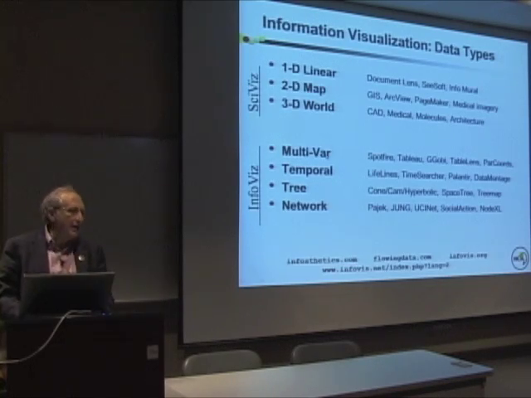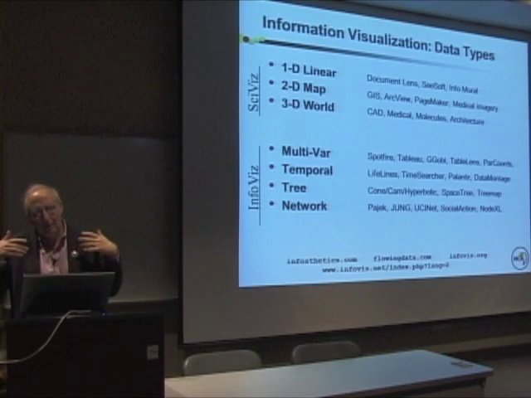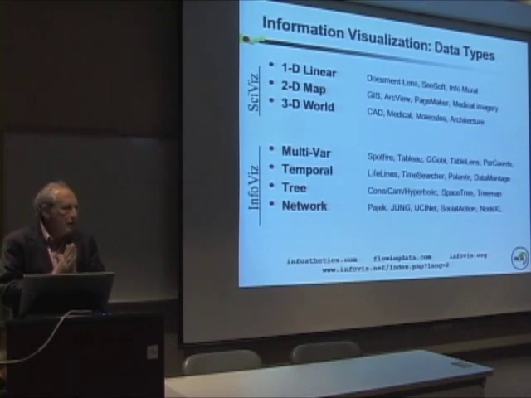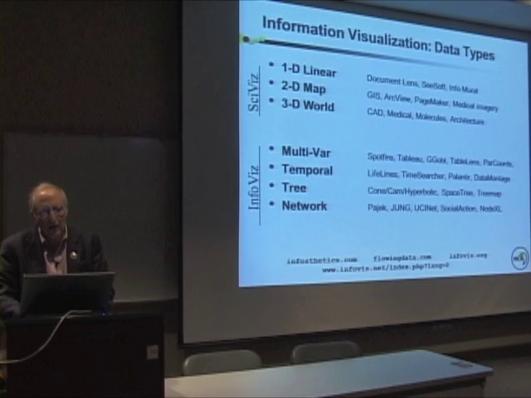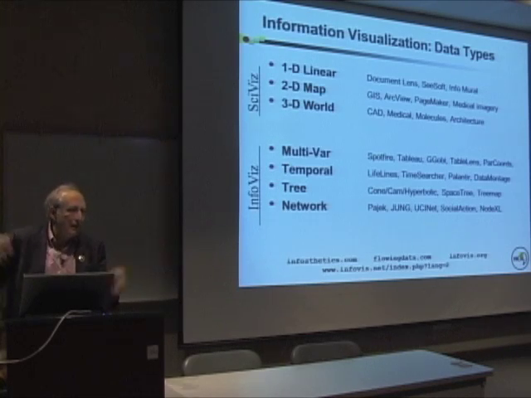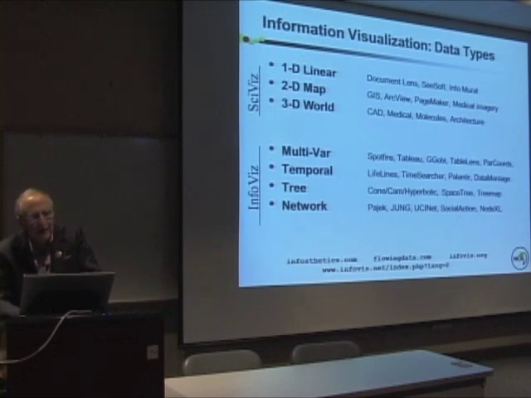Multivariate data, high-dimensional data: Spotfire and competing products like Tableau and Qlik and Palantir and so on deal with these kinds of data. Essentially, tables with, let's say, 10 to 200 variables are a comfortable place for us to operate on. Temporal data we're going to take a look at, tree structured, and then network data.